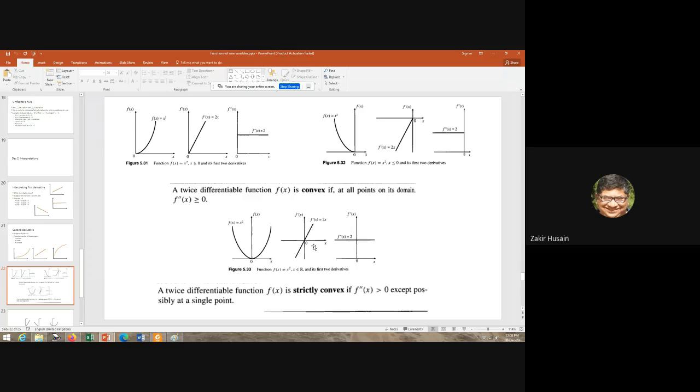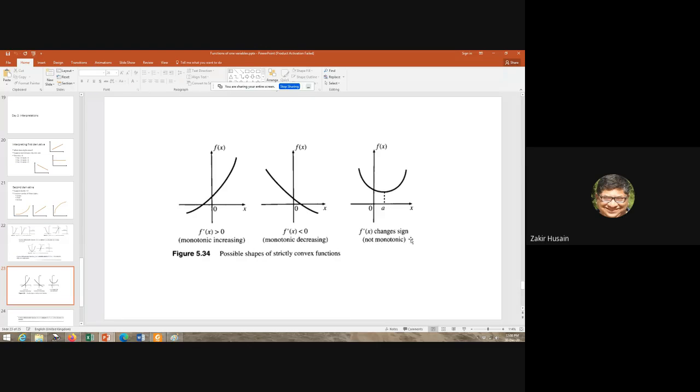So that means if a function is differentiated twice, f double prime, and it is non-negative, then it is said to be convex. If it is strictly greater than 0, that is strictly positive, then the function is said to be strictly convex.